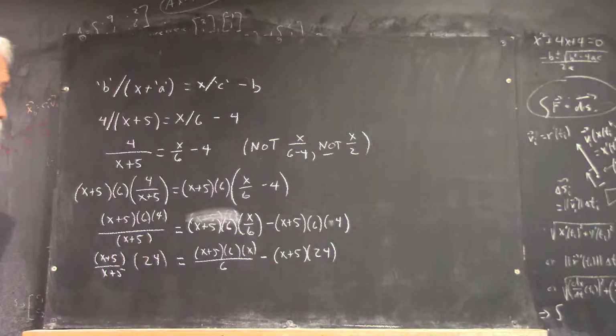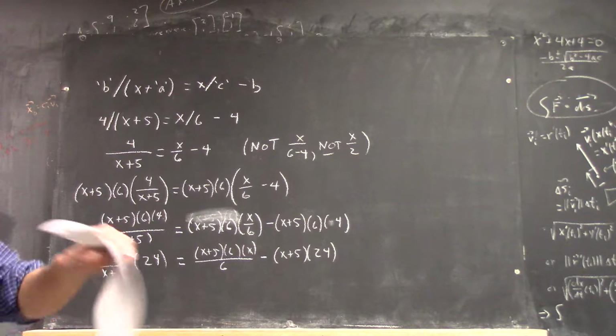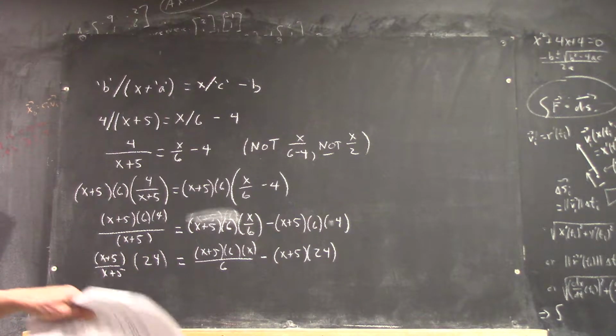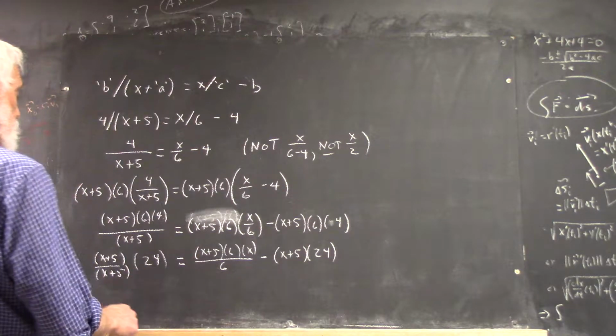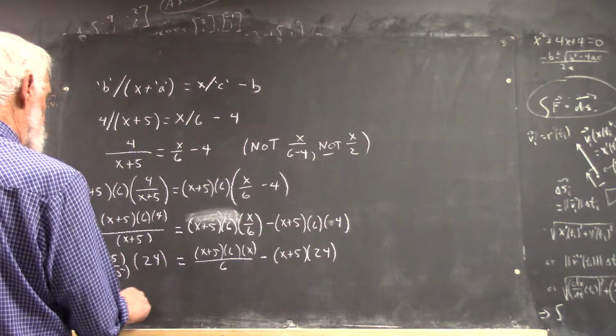And this equals x plus 5 times 24. Now I'm going through a lot of steps here, but by skipping those steps, too many people will make a mistake and will fail to learn the algebra they would have learned if our prerequisite courses did what they are supposed to do for people of your ability. Okay? And you have good ability, everybody. Okay, well, x plus 5 over x plus 5 is 1.